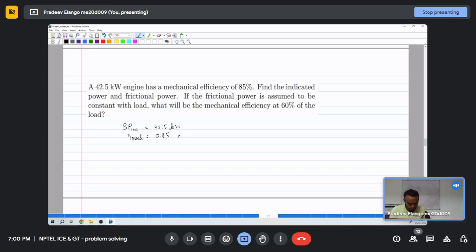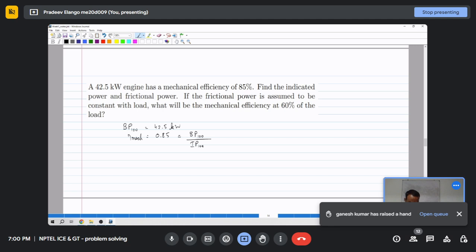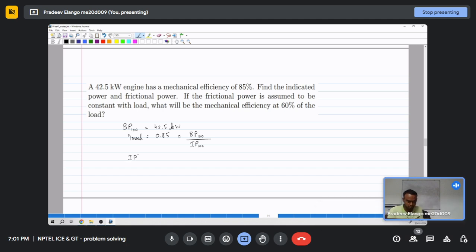So we know this is brake power at 100% load by indicated power at 100%. So this is indicated power. Yes, Ganesh Kumar, you have something to ask? So what is brake power at 100% load?